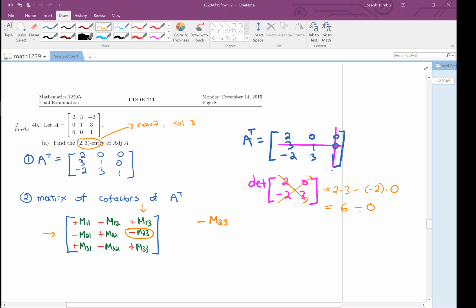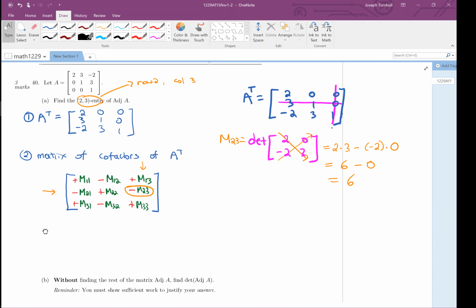So 6 minus 0 equals 6. And that goes here for M23. And then leave the blanks in. We just need the one number. We have a minus in front, and then we found that it's a 6. Oh, wrong color. Minus 6. We don't need the rest of the entries.